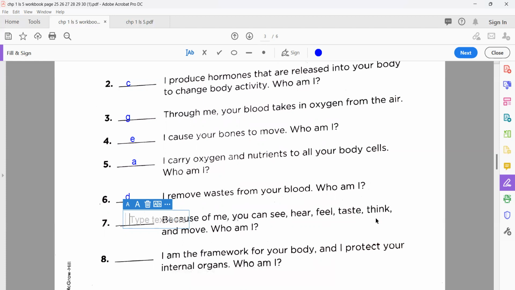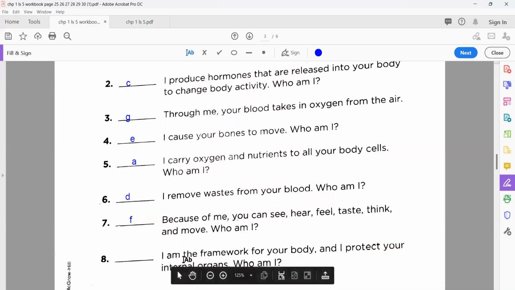This is F, nervous system, because all the senses, like see, hear, feel, taste, think, and move, are only due to your nervous system. The last one remaining is only one, but we will see this in detail.